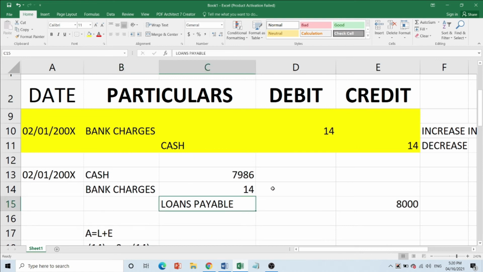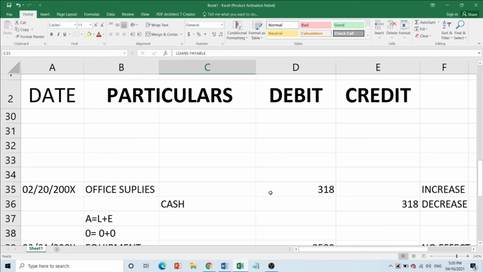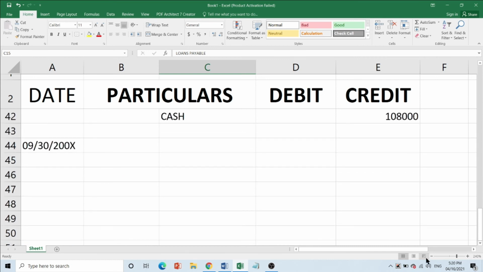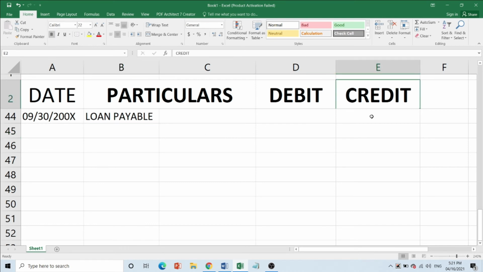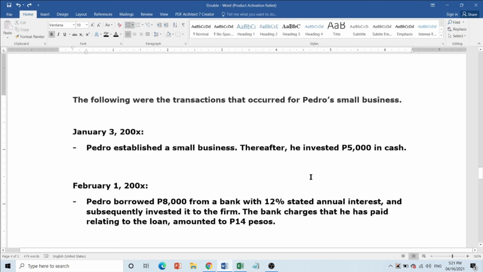Since loans payable is a liability account, at ngayon, September 30 ay magbabayad tayo ng ating loan, syempre, mag-decrease na si loan. So, i-debit natin siya. Normal balance po ni liability is credit. But since babayaran natin siya at mababawasan ang loans payable natin, dapat lang nailagay natin siya sa debit side.